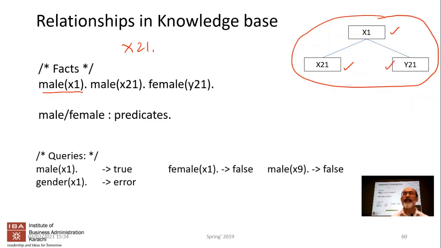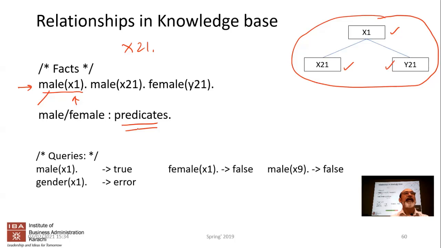If you said X9 period, it would indicate an error. So similarly, now I'm indicating relationships, and I'm also indicating that these are facts. So I could say that X1 is a male, and male here is now a predicate.